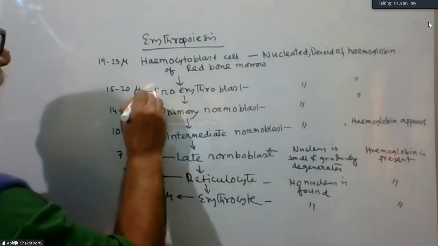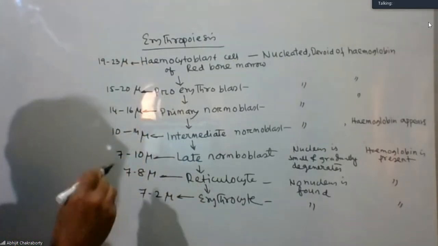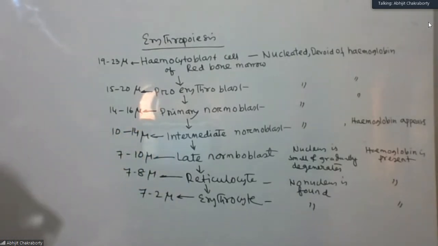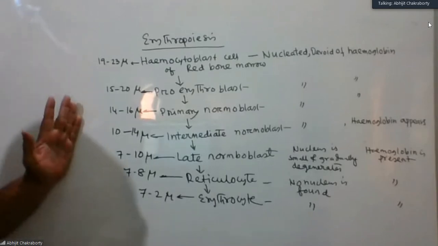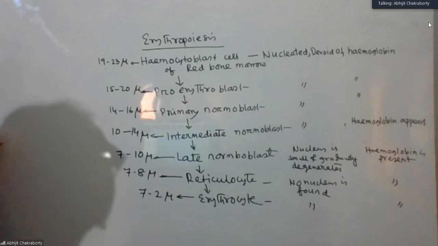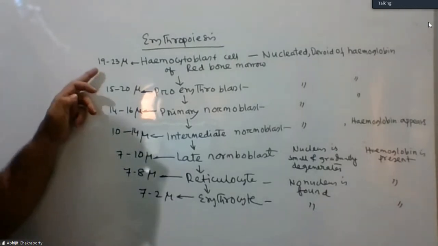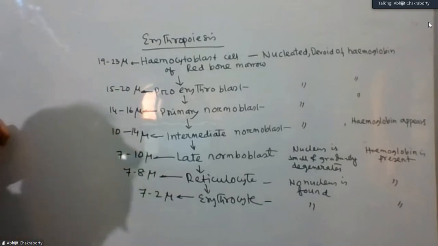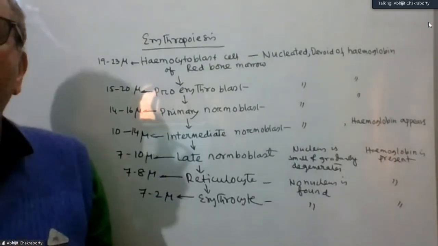So you see size gradually decreases. Size from hemocytoblast, which is actually the pluripotent cell, gradually decreases. 19 to 23 micron initially, and the size of the mature erythrocyte is only 7.2 micron.